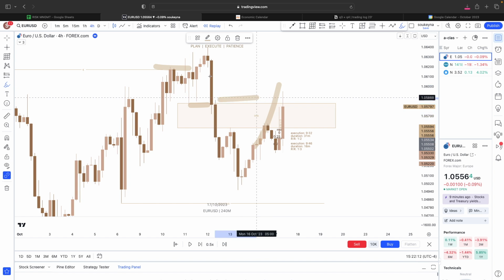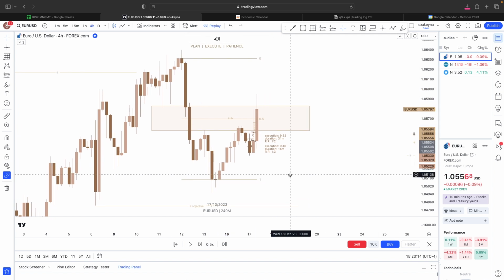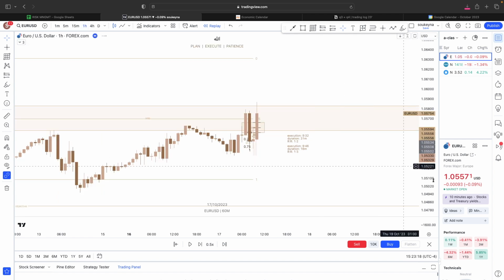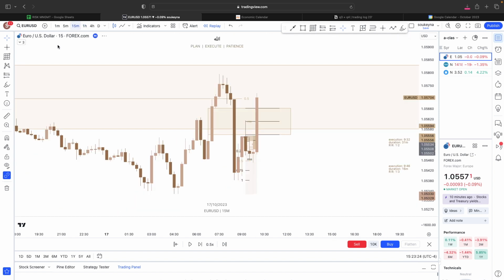Here we have a big imbalance that is embedded with a breaker. After seeing that we have rejected pretty aggressively off of the 50% of the current range that we are trading in, I thought, okay, we might just be ready to tank to the downside, right?